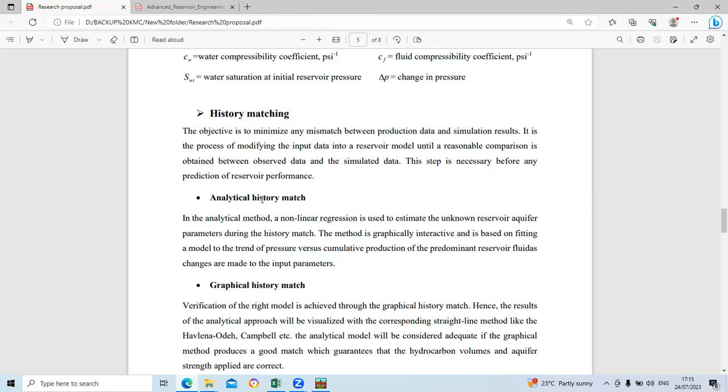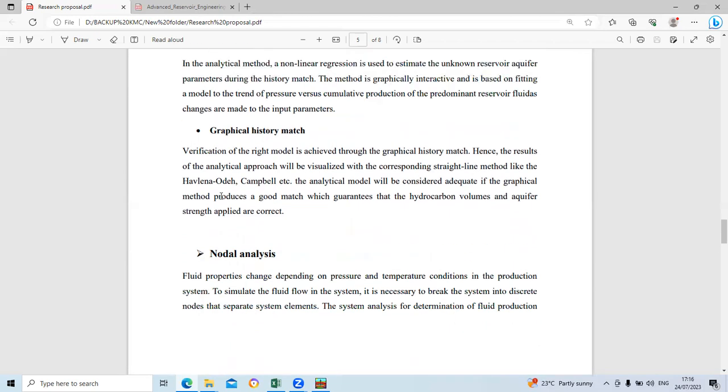Within that limit, it is going to pick the value of that parameter that will shift the simulation closer to the production value, to the production point, because our end point is to ensure that our simulation matches with the production data. That is what we call analytical history matching.